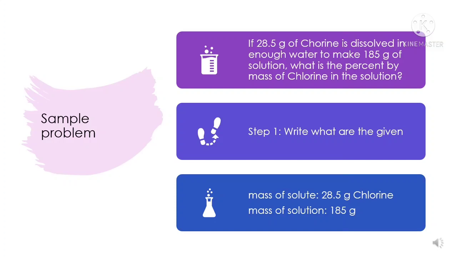Sulat muna natin kung ano yung mga given values. We have 28.5 grams of chlorine, that is the mass of solute, and 185 grams of solution, that is the mass of the solution.